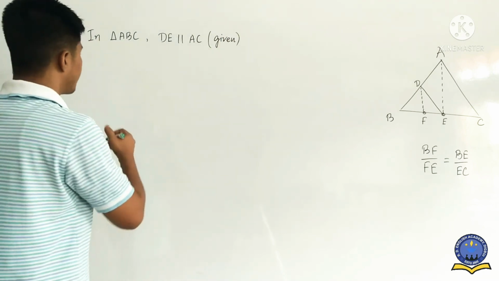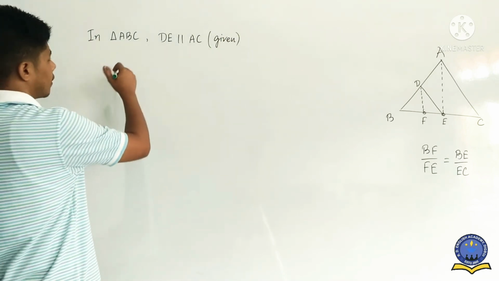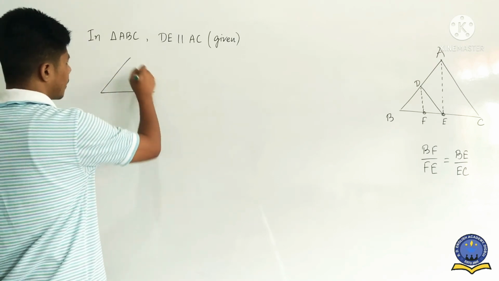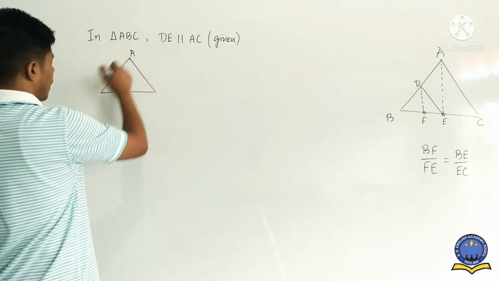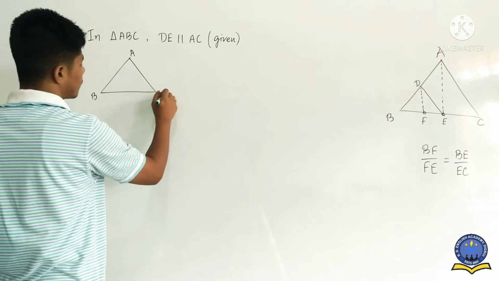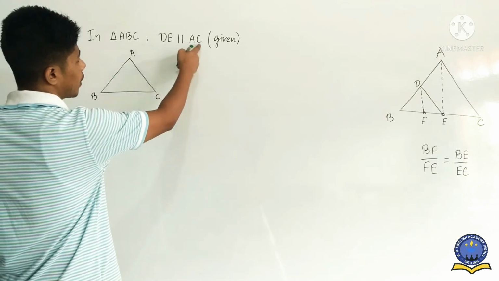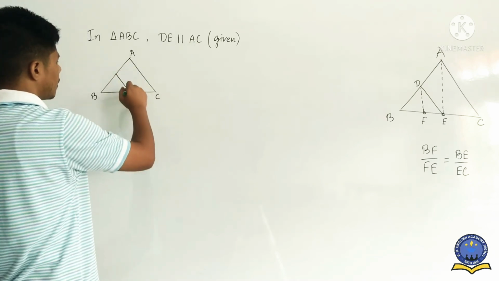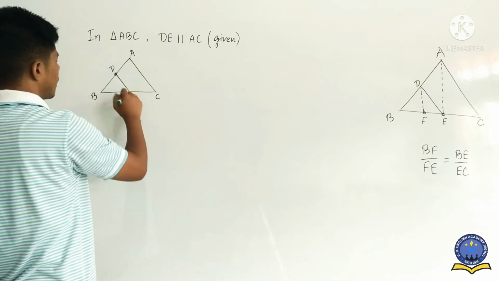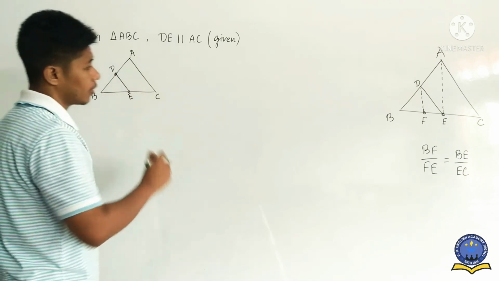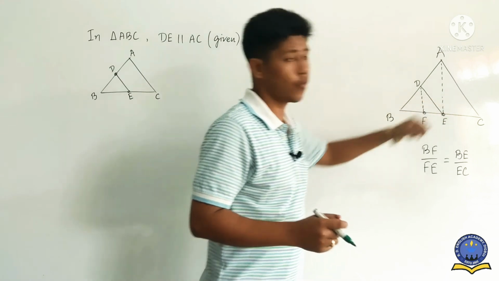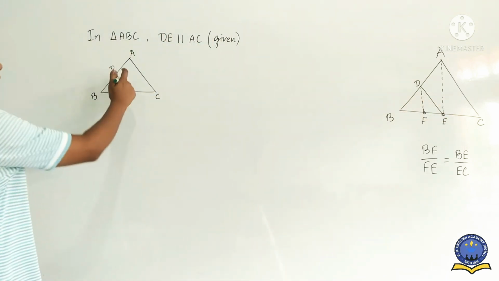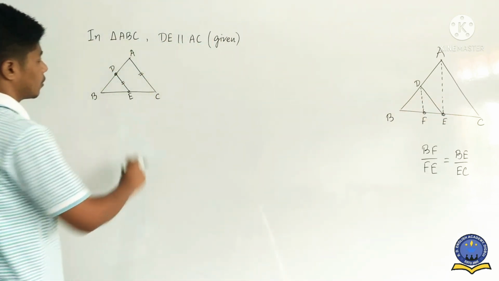Clear? Now if we draw the diagram separately, this is the diagram: A, B and C, and DE is parallel to AC, so this is D and here it is E.